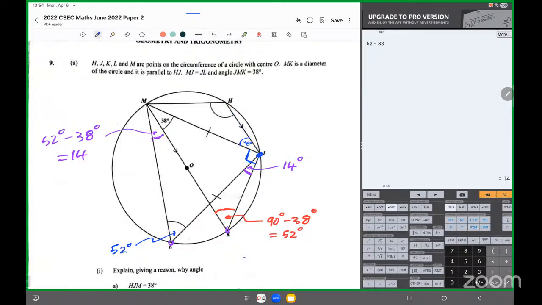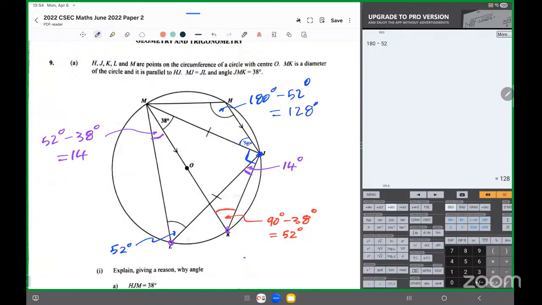Alright, so now we're trying to find this angle. Well, this angle is across from this angle in this quadrilateral, the cyclic quadrilateral. The opposite angles add up to 180 degrees. So this angle inside here that we want is 180 degrees minus the 52 degrees, which is 128 degrees.